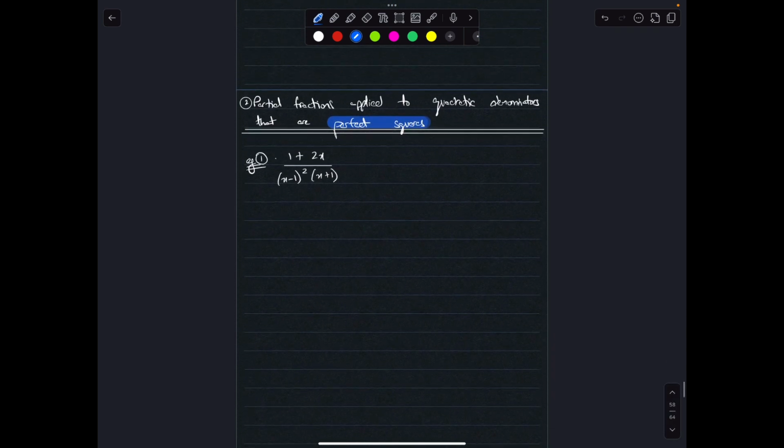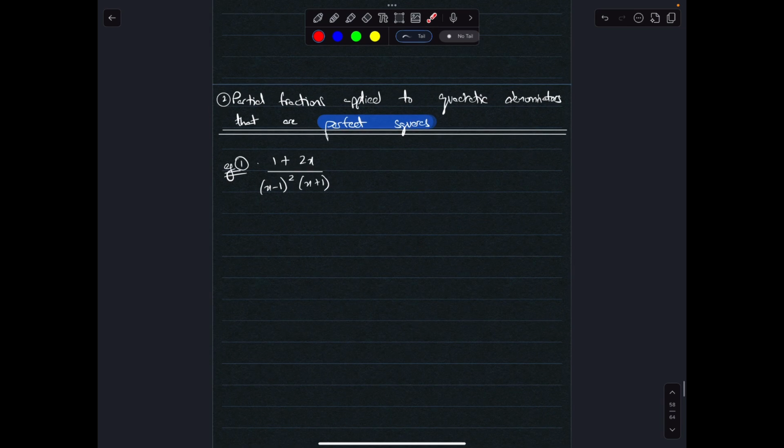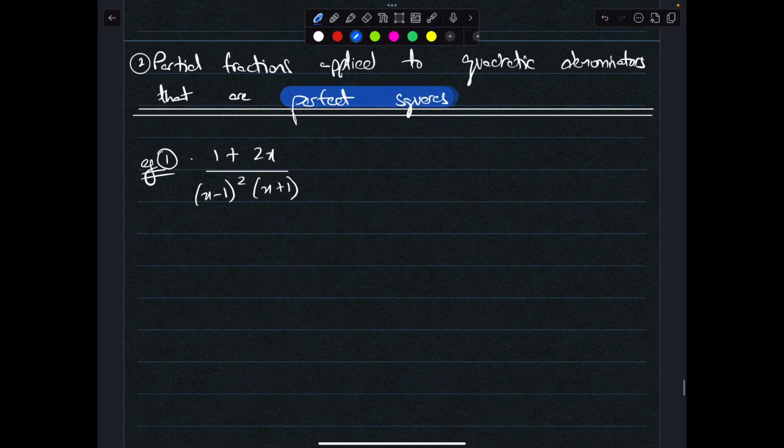Now the second category. If the quadratic denominator is a perfect square, something like x plus 1 whole square or x minus 1 whole square, whenever I have a whole square, I must write a fraction twice using this.